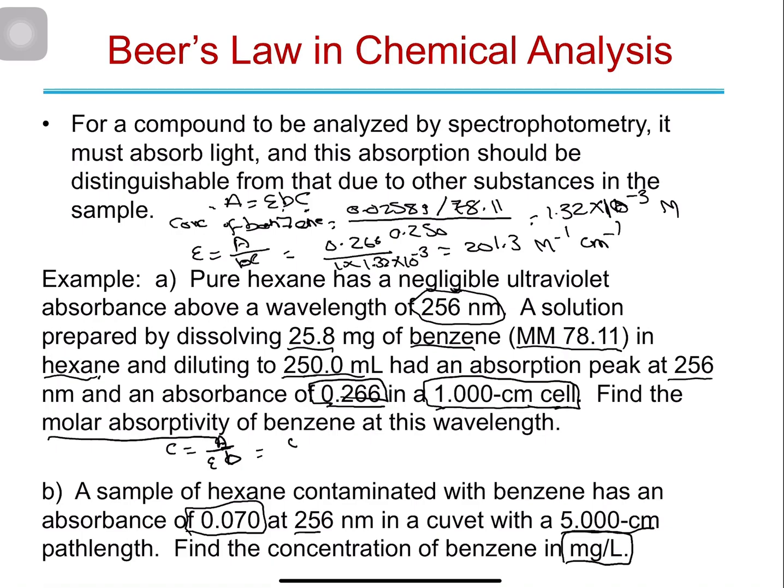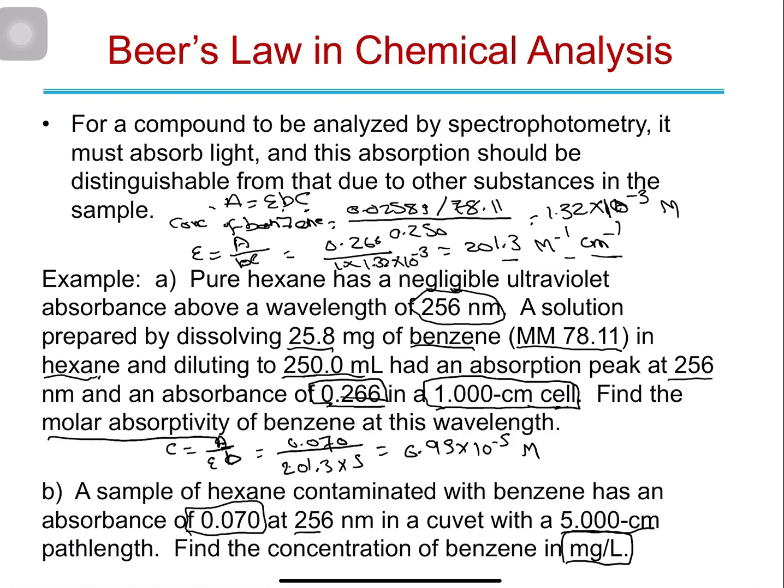The absorbance is 0.070, and the molar extinction coefficient, we found it from the previous part of the question, which equals 201.3, and the path length here is 5. So you find that the concentration is 6.95 times 10 to the power minus 5, and this is the molar concentration, or how many moles per liter.